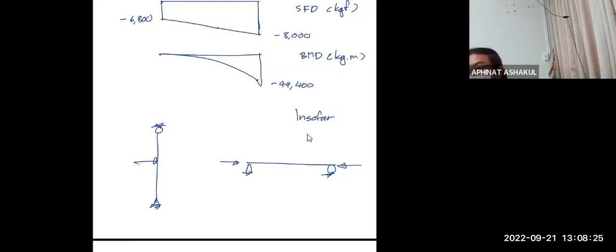It has something to do with the direction of the load, right? The column is the member that has the load parallel to its principal axis. On the other hand, the beam is the member that has the load perpendicular to its principal axis.